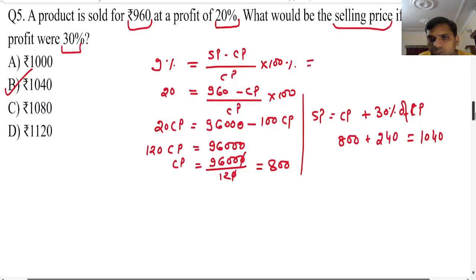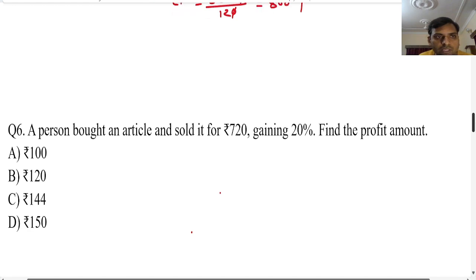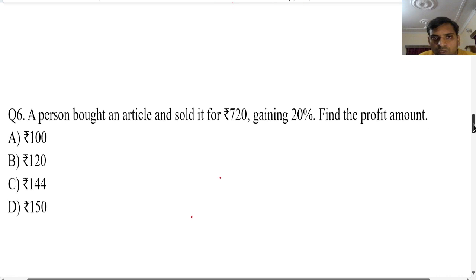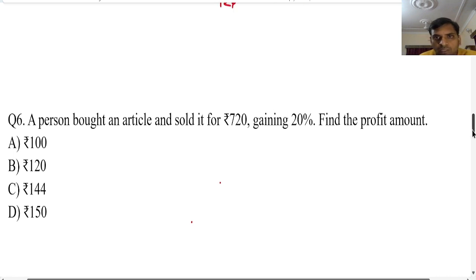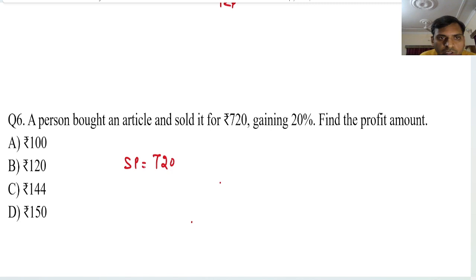Now the next question, number 6. A person bought an article and sold it for 720, gaining 20%. Find the profit. This is the total selling price. Selling price is equal to 720 including 20% profit.